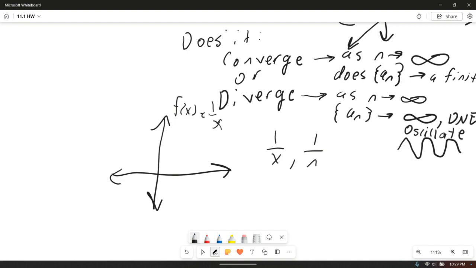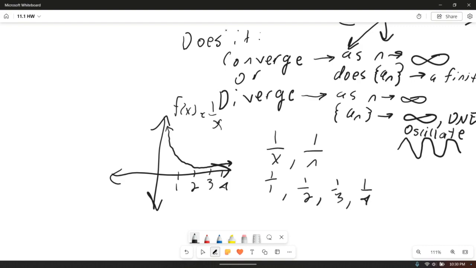I could just graph it with a continuous line. As you go to the right, at x equals 1, it's just 1 over 1. At x equals 2, it's 1/2. At 3, at 4, it's 1/3, 1/4.